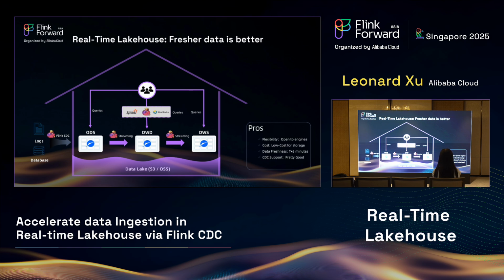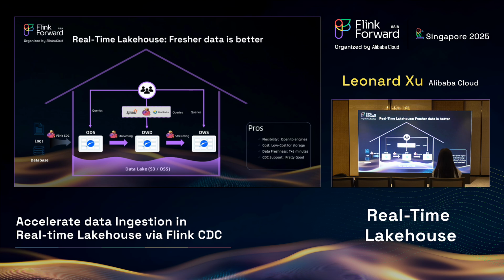And fresh data is better, and that's why we want to propose the real-time Lakehouse, because real-time business decisions need real-time data. Once we replace the Spark batch with Flink streaming, we can make the end-to-end data pipeline streaming style instead of batch style.